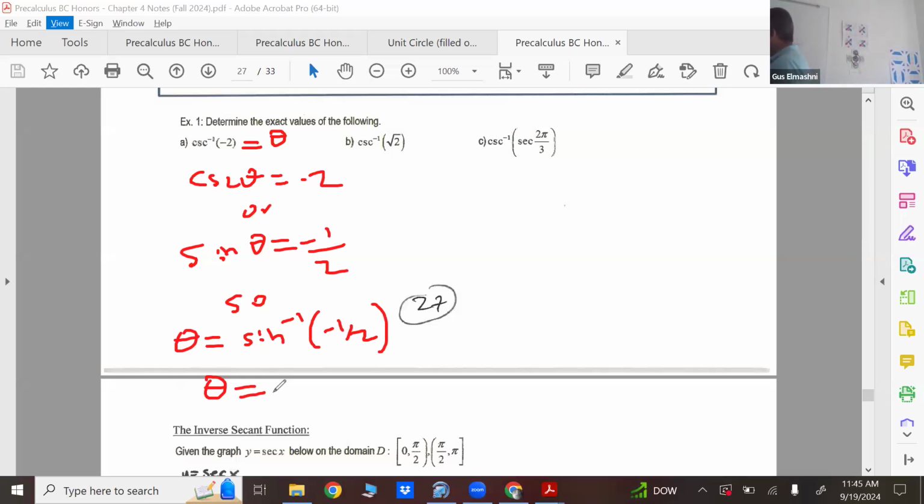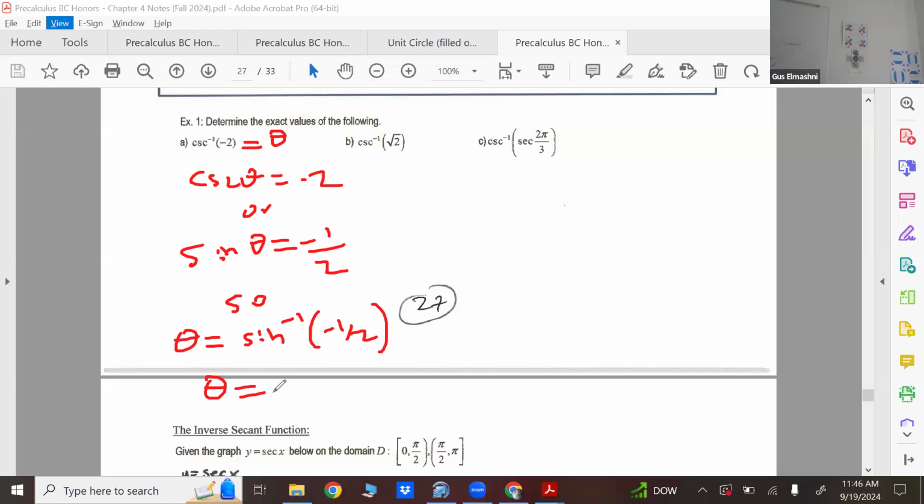Okay, let's back up a little bit here. Let's think about what I just did. It's inverse. The output has to be an angle. So how do I write back to the original function? How do you undo an inverse? You just simply switch the outputs, right? Now -2 is my output, theta is my input. So cosecant theta equals -2, but if that's true, wouldn't sine theta equal -half?